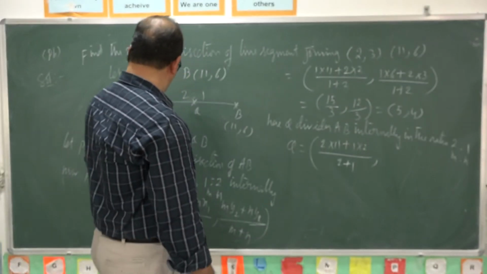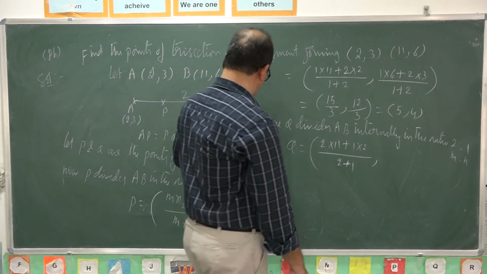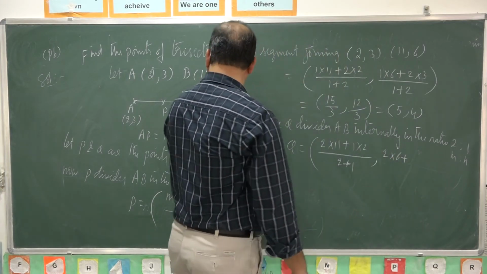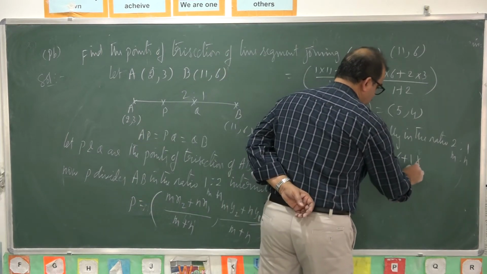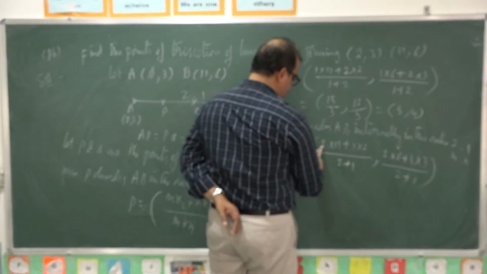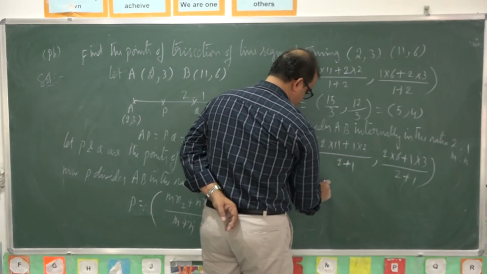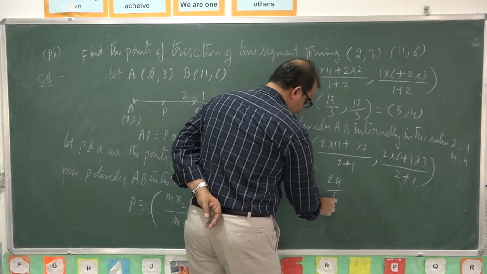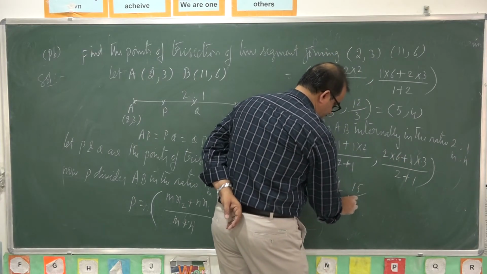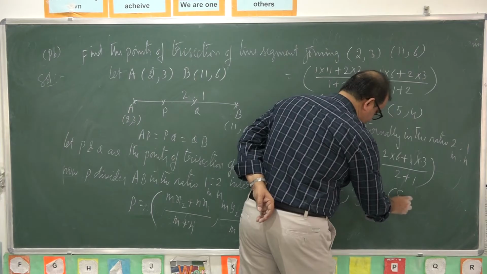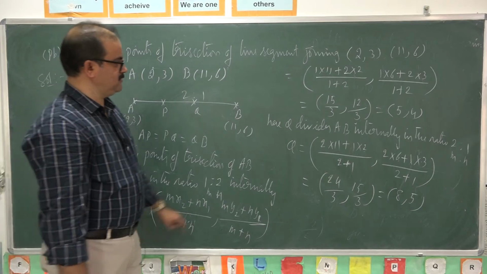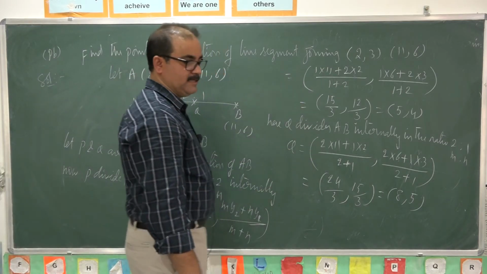For y, my2 is 2 into 6, plus ny1, 1 into 3, by 2 plus 1. 2 into 11 is 22 plus 2, 24 by 3. 12 plus 3, 15 by 3. That gives (8, 5). So points of trisection are (5, 4) and (8, 5).